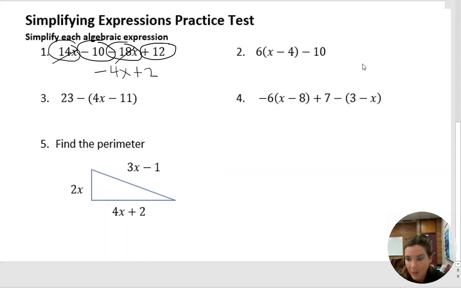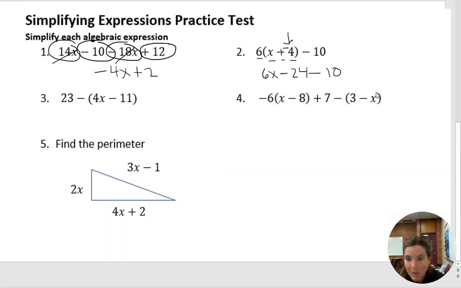Okay, now on the next one, we have a 6, we have an x, we have a minus, and we have a 4. So remember, because there's a minus sign in front of this 4, that really makes that 4 a negative. So when we distribute the 6, we have to do 6 times x is 6x, 6 times a negative 4 is a negative 24, and then we have our negative 10.